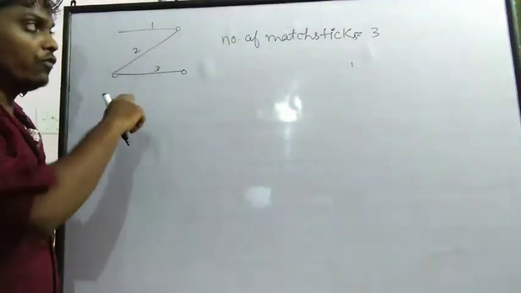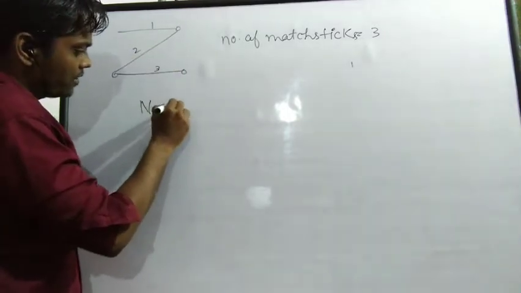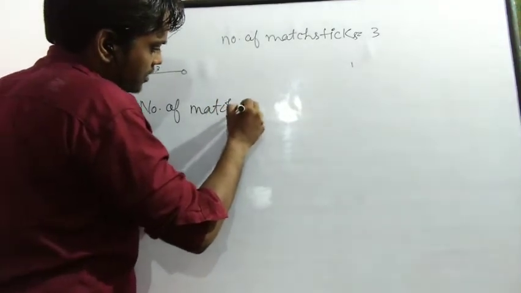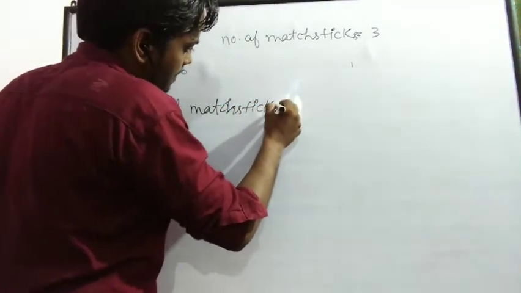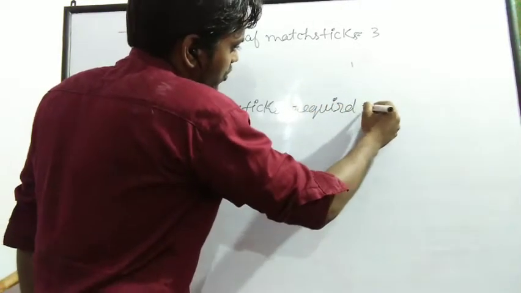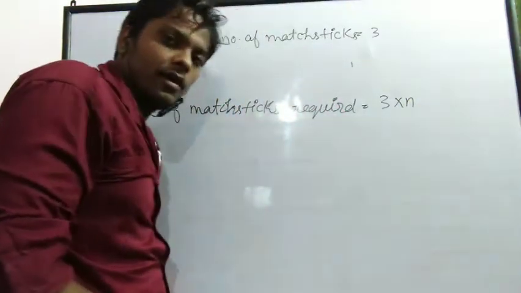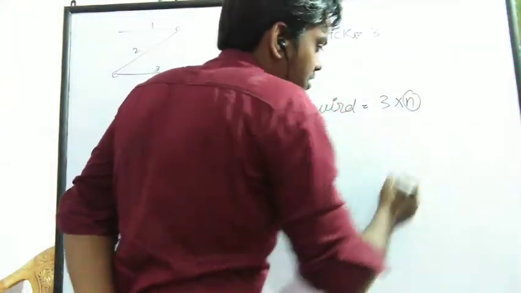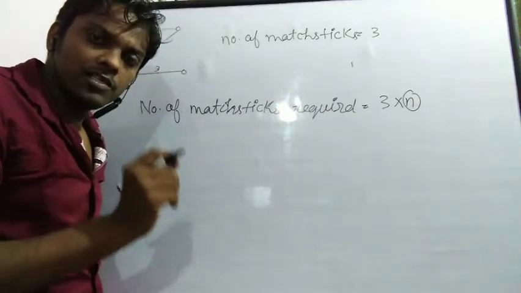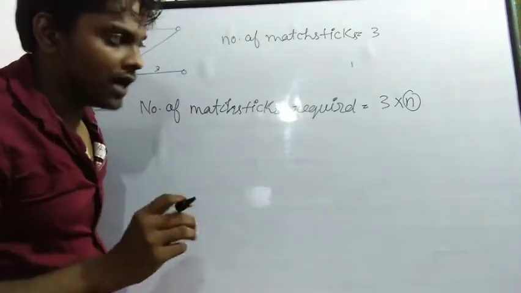So the rule for this shape: the number of matchsticks required is equal to 3 multiplied by n, where n is the number of Z shapes. That will be your answer.